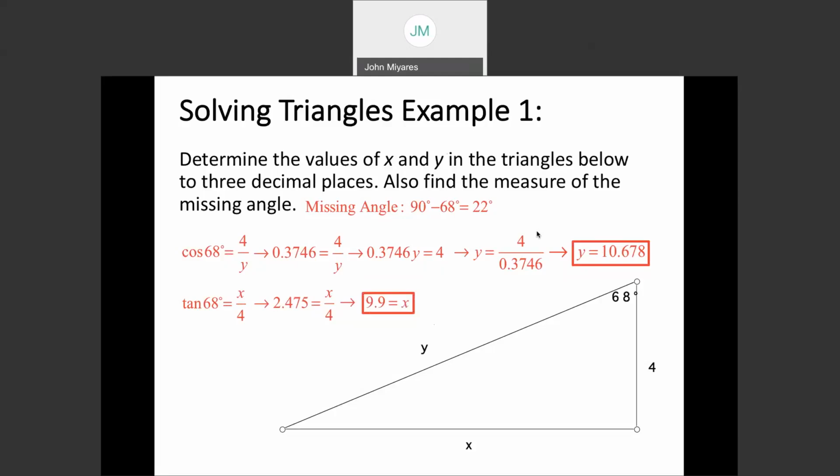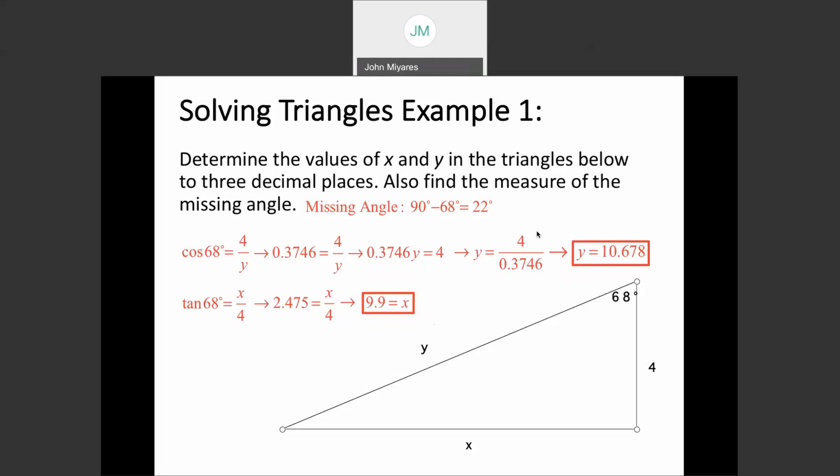Now again, you could have chosen to do the sine of 68 degrees equals x over 10.678, but just like before, it's better to work with a given value rather than a calculated value, just in case your calculated value is not correct. Additionally, the 10.678 length that we got for the hypotenuse is actually a rounded value. Depending upon how far we rounded, we might actually get a slightly different answer for x.